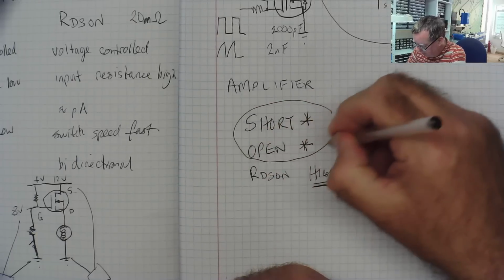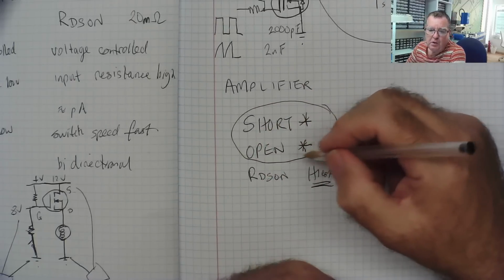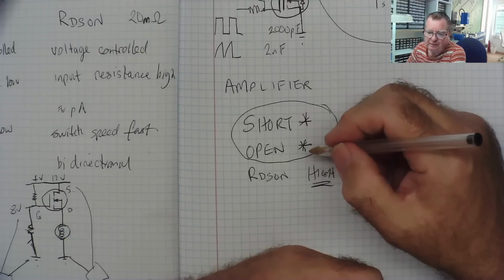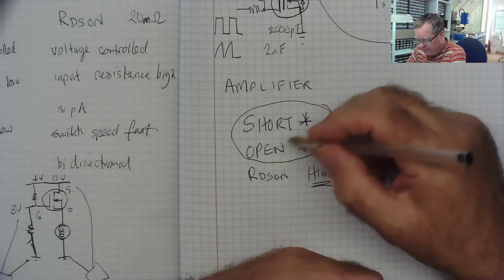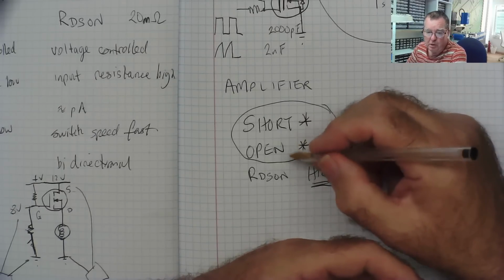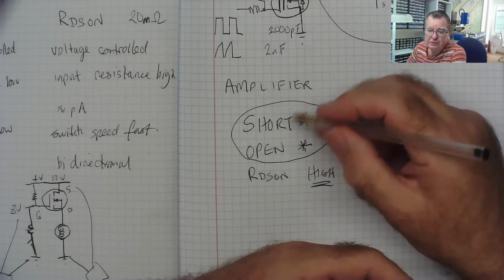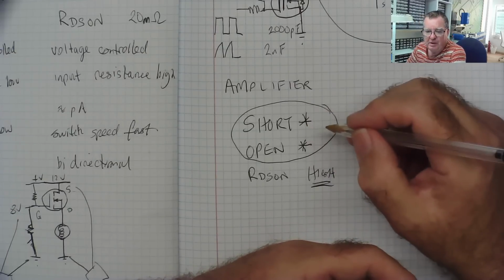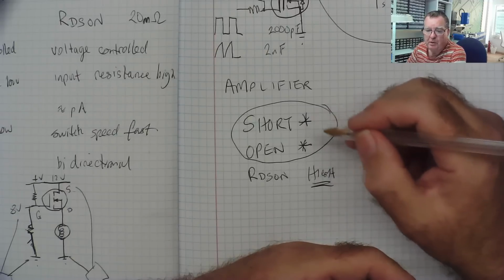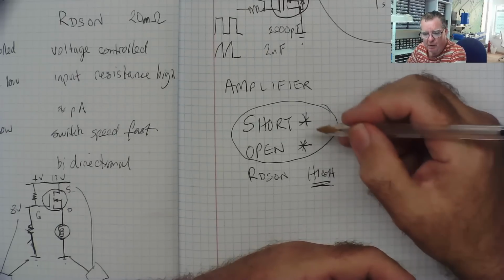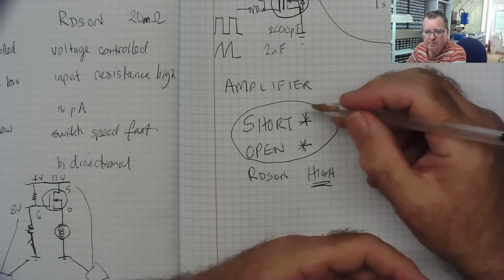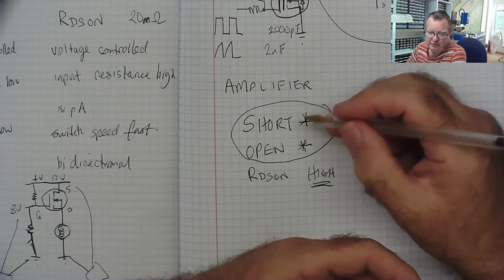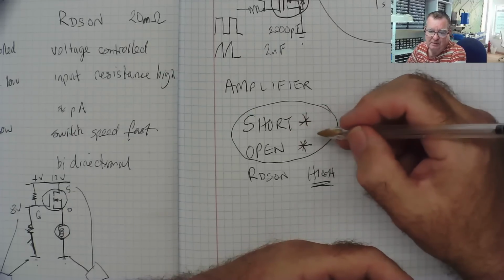The open circuit ones can be quite hard to find unless they've physically blown and you can see they're blown. The short circuit ones are quite easy to find in circuit, and normally, like just about everything else, the parts that are doing the most work fail the most often. So it's the larger power devices, the output devices, which tend to fail.